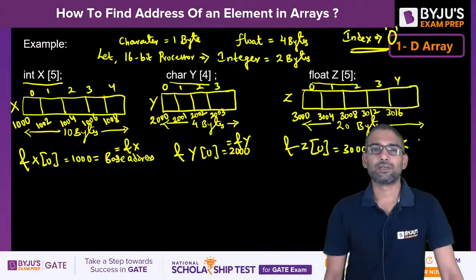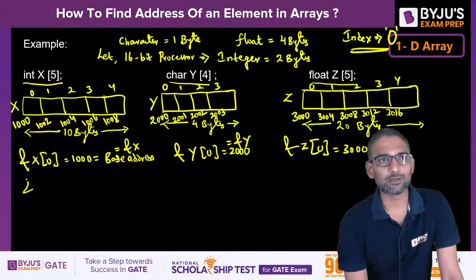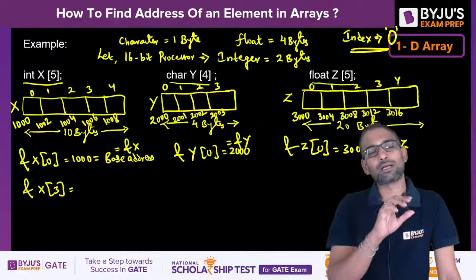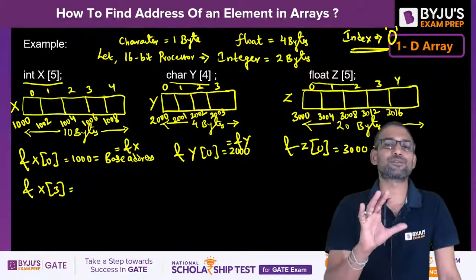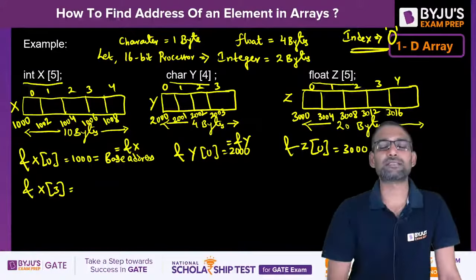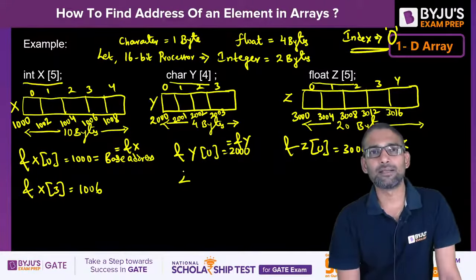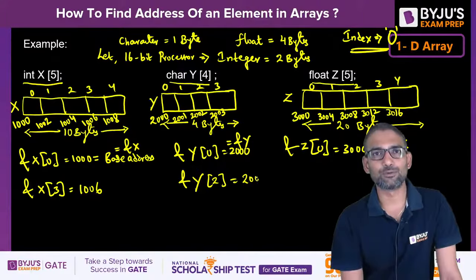Now, if I want address of x of 3, as it is a small array, we can draw the complete array, we can illustrate it, and we can easily find out what is address of x of 3 as 1006. Similarly, what is address of y of 2 as 2002.